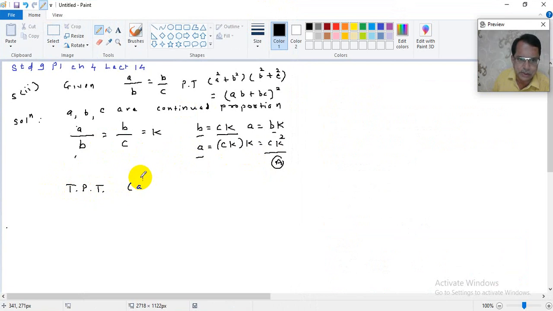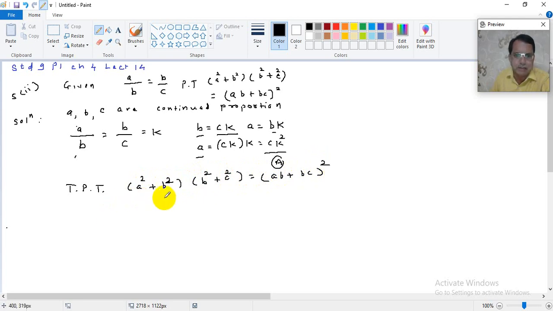A square plus B square into B square plus C square is equal to, you have to prove AB plus BC bracket square. So now what? A square plus B square. आता प्रथम आपण LHS घेऊया. What is that? A square plus B square into B square plus C square.